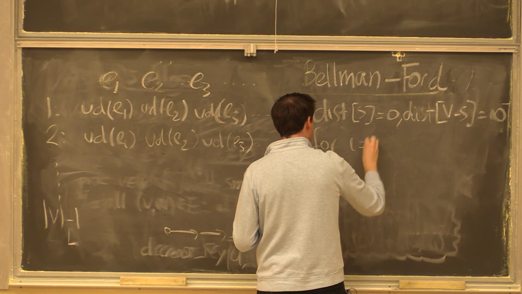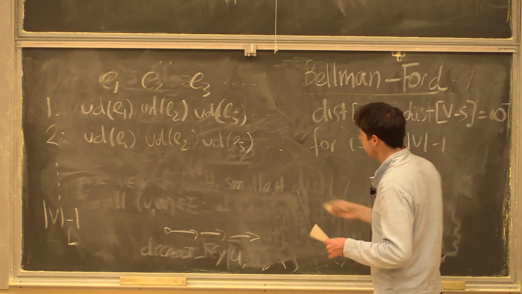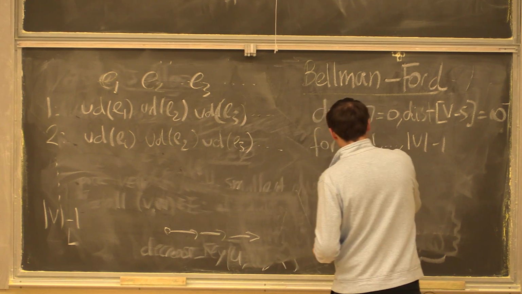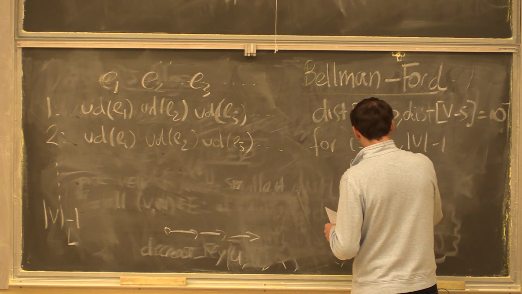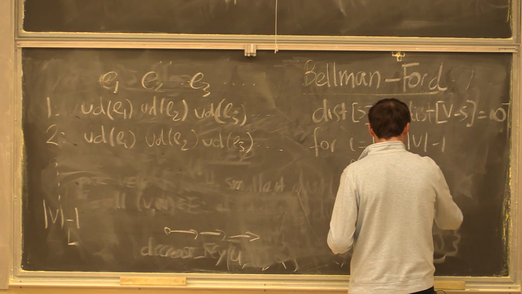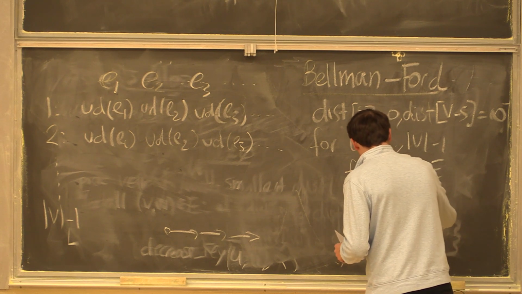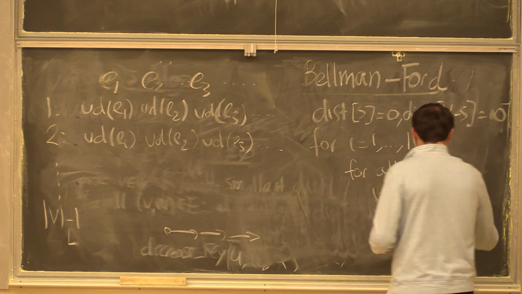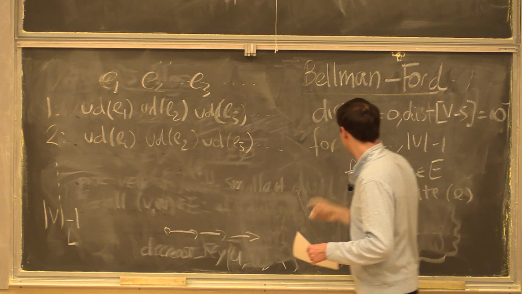First, for I going from 1 to V minus 1. So this is the number of outer repetitions. And then, for each of those times, we consider for all edges in the edge set E, we're going to update. OK?